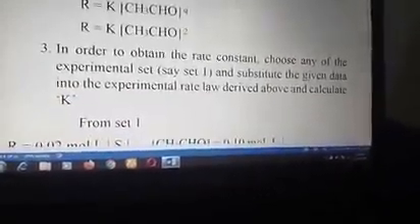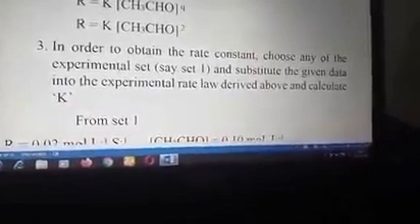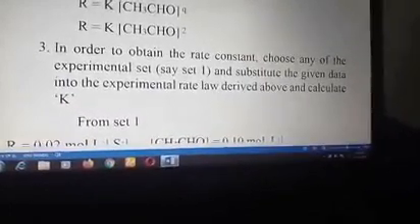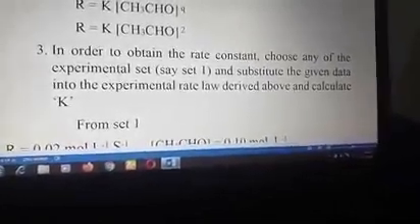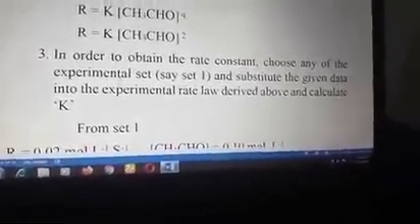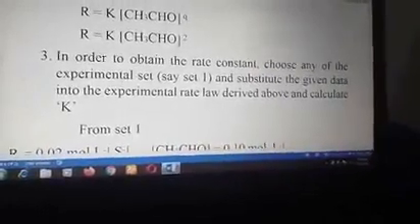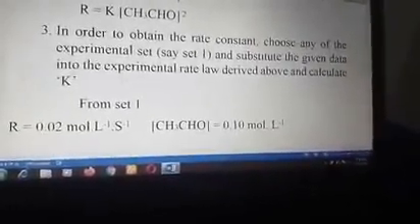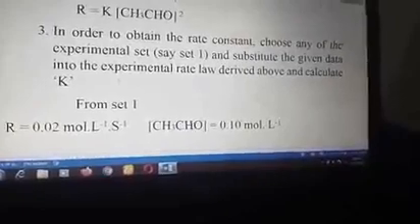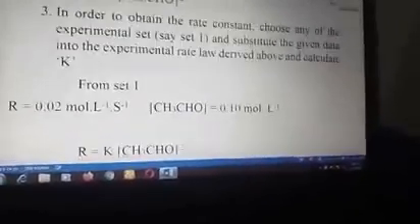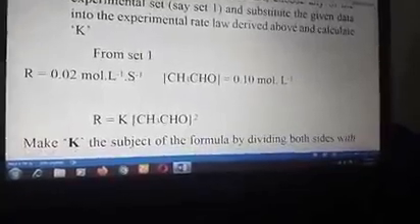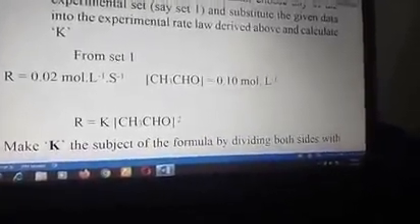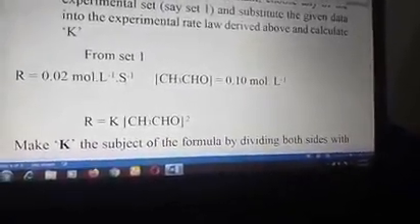Number 3 says we should find the rate constant. In order to obtain the rate constant K, choose any of the experimental data, say set 1. You can use any set, it doesn't matter, and substitute the given data into the experimental rate law derived above and calculate K. From set 1, our R is 0.02 mole per dm cubed per second, and our ethanol concentration is 0.1 mole per liter.